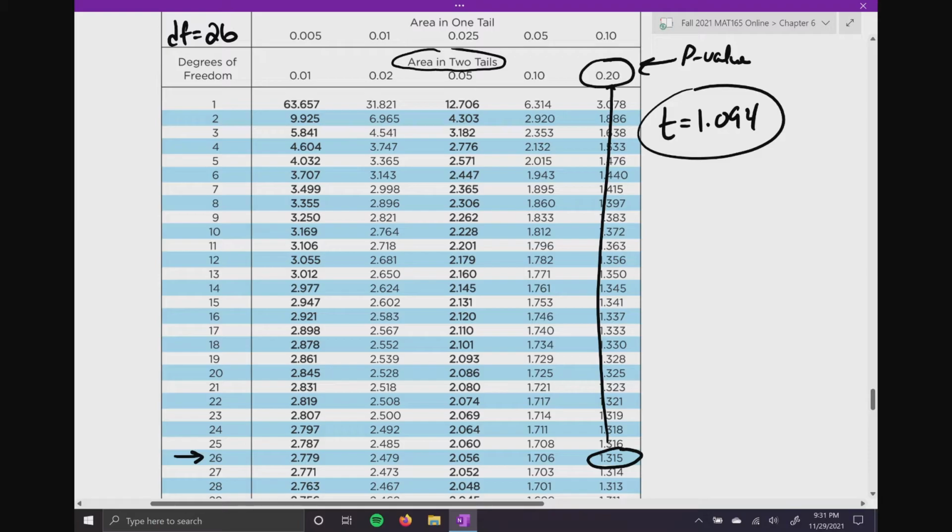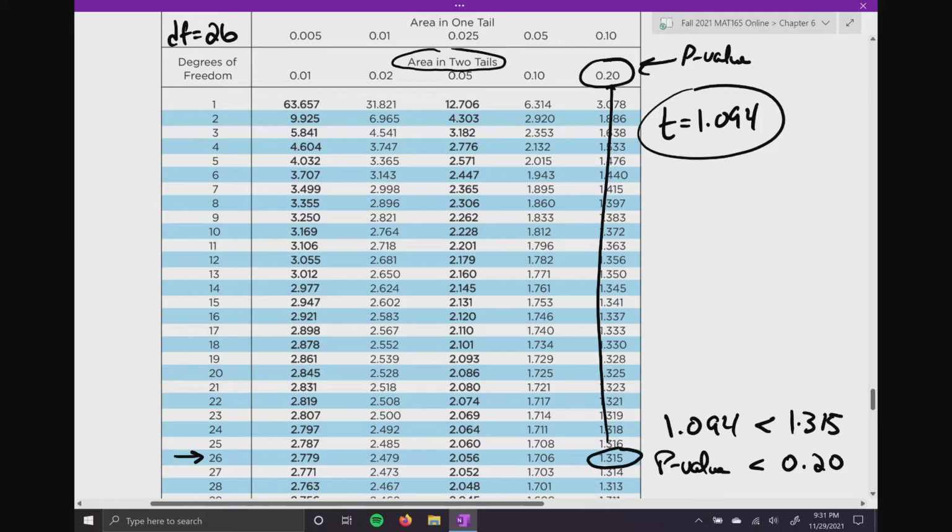Now, we know, for example, that 1.094 is less than 1.315, which means our p-value is going to be less than 0.20, okay?